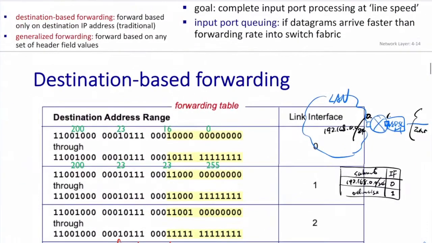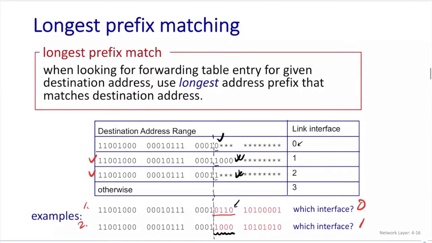Okay. The other problem is, what if you have a destination address that matches 2 rules? Take this one as an example, the red one, example number 1. Take a look at the red part. It starts with 0110, right? Actually, it matches this one, and it matches this one too. But it's very simple.